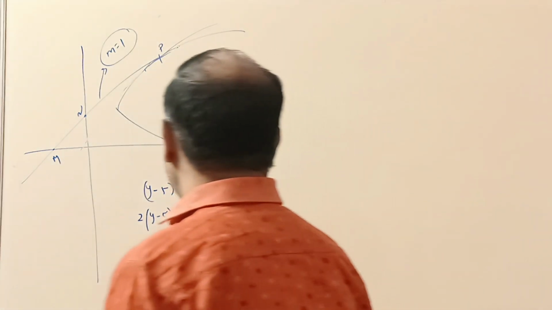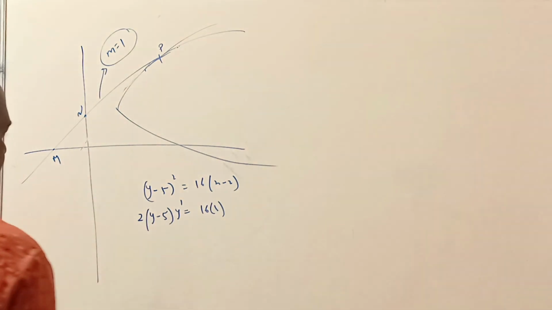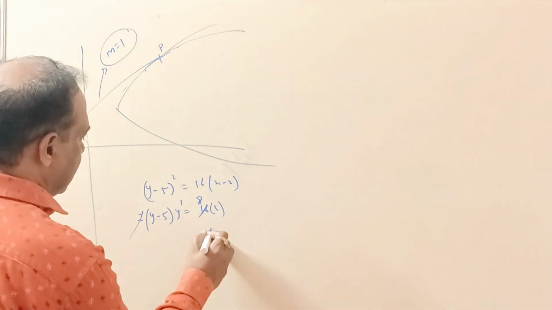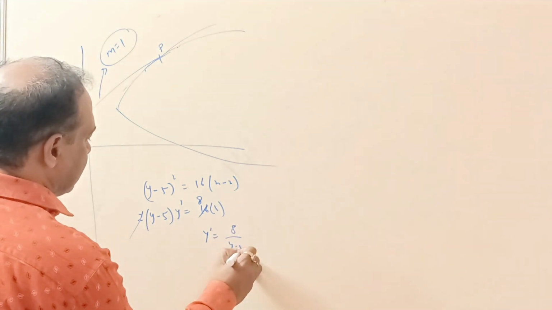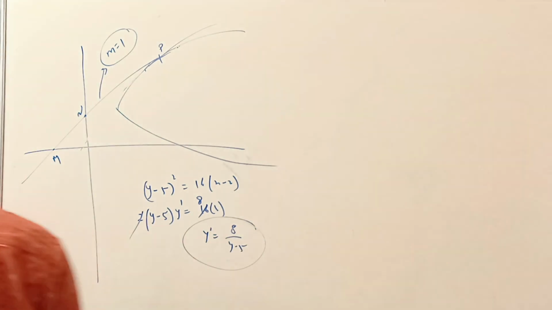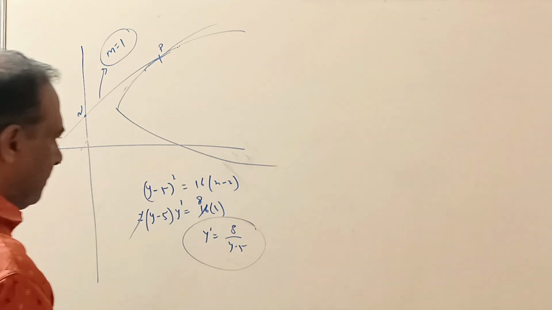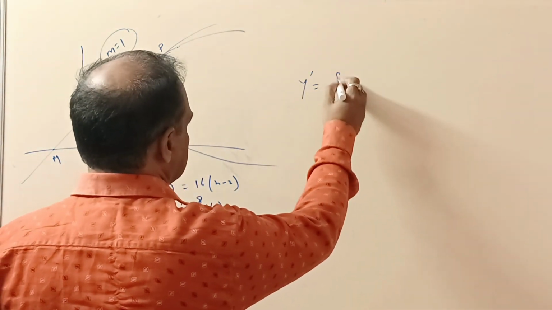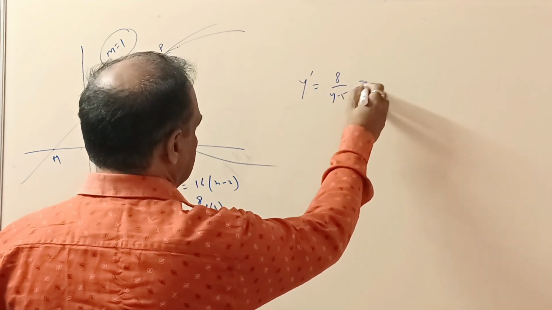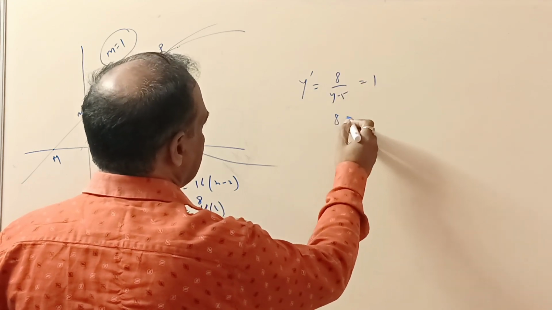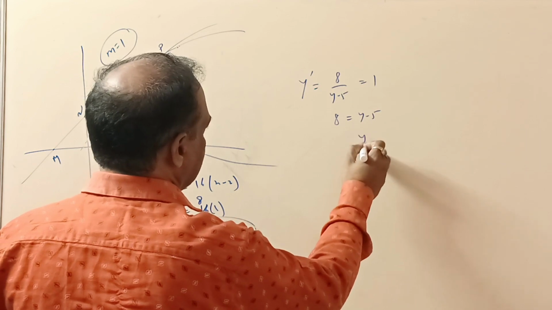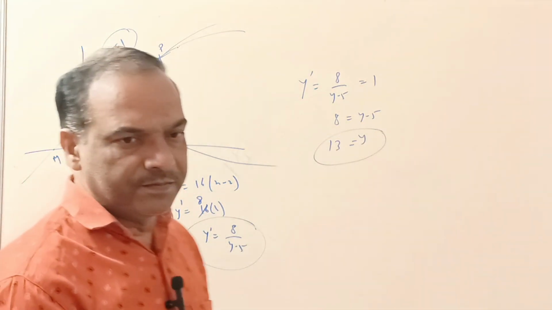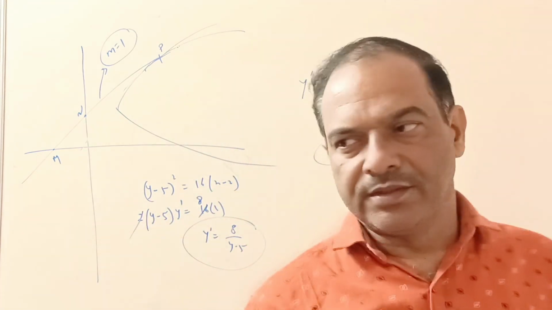Now this will give me y dash equals to 8 over y minus 5. Clear? Now we are given the slope, which is 8 over y minus 5 is equals to 1. I will be having 8 is equals to y minus 5, and y is equals to 13. The value of y here is 13.